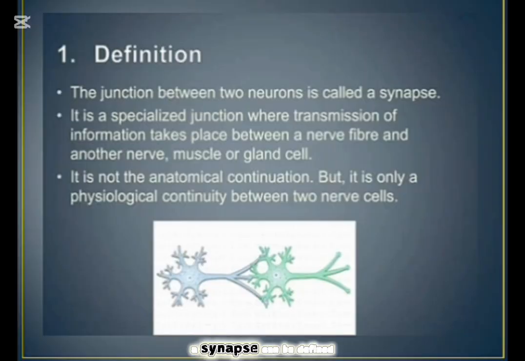A synapse can be defined as the junction between two neurons, or the junction between a neuron and a muscle fiber, or a junction between a neuron and a gland.